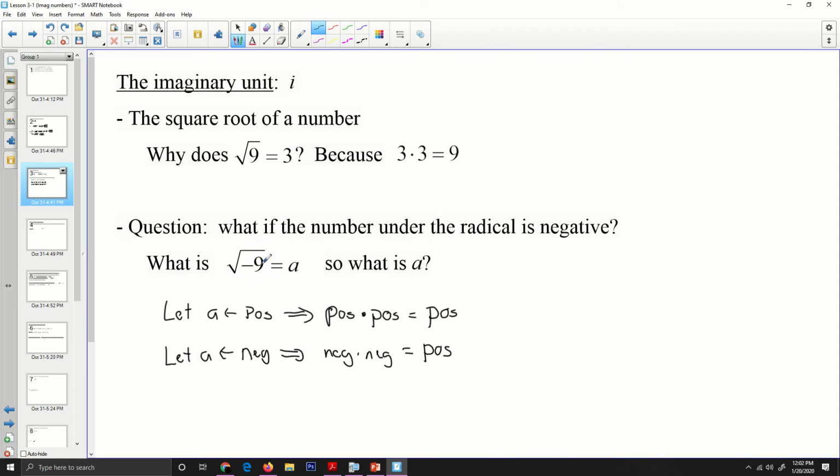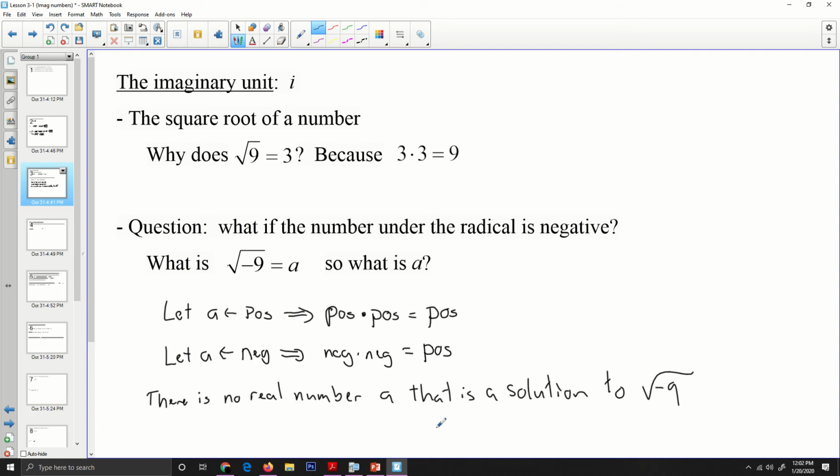So it can't be this negative 9. There is no real number a that is a solution to the square root of negative 9. No number in the set of real numbers.